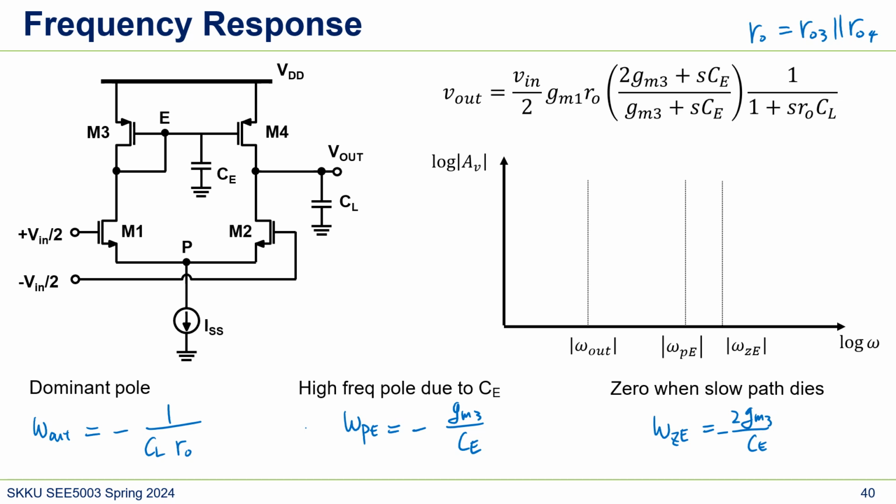If we draw a graph, the dominant pole comes first, so the gain will go down at minus 20 dB per decade, and then we got a pole, then that will be minus 40, and then we got the zero again, so minus 20.